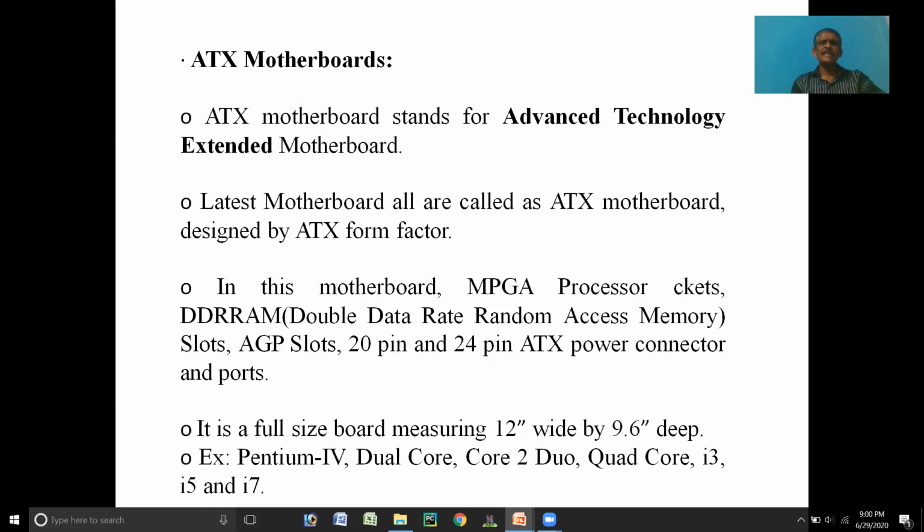This completes one last set of question of today's class, that is explain different types of motherboards. It means today I have learned computer definition. Computer is an electronic device which takes input, processes it, and gives meaningful output.